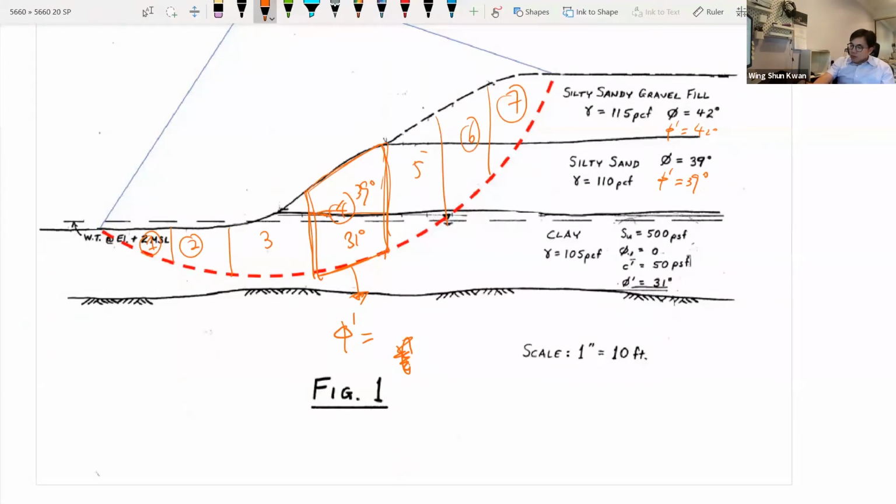Because this slice has two different types of soils, but for strength you should just look at the bottom. That's where the resistance force comes from.